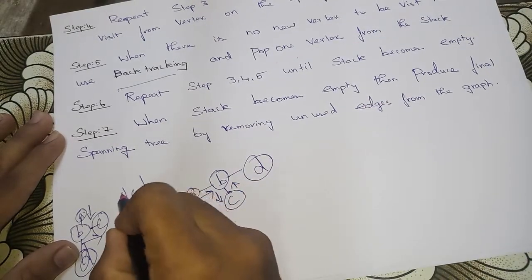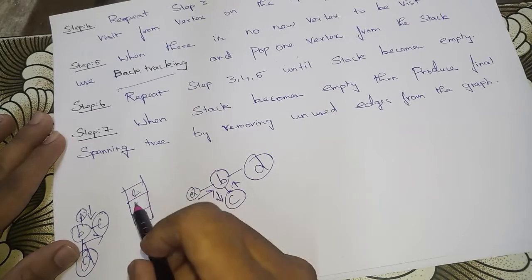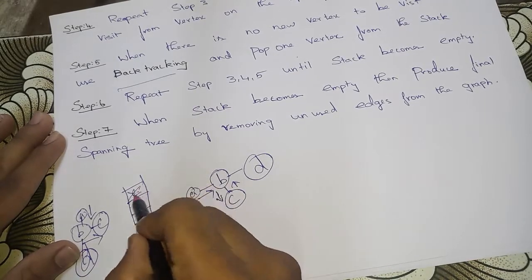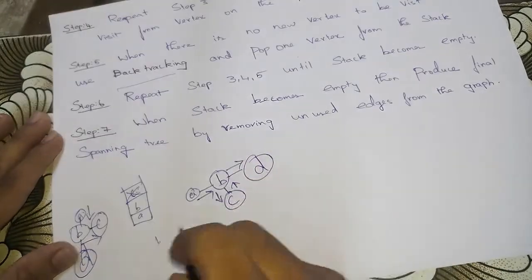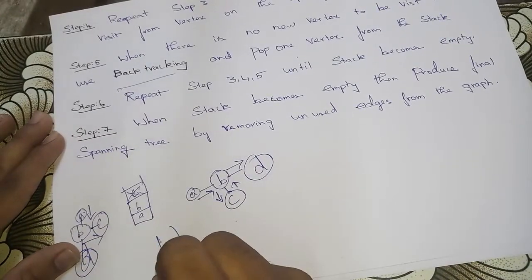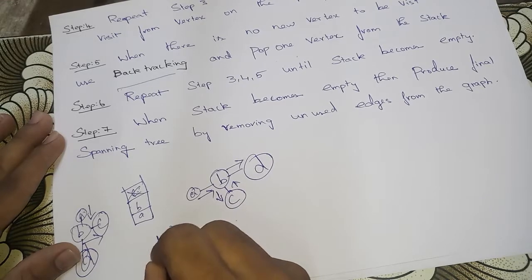While backtracking, the C element is popped out and it returns to D. Now the stack will be A, B, D.